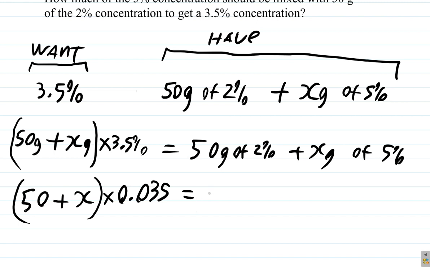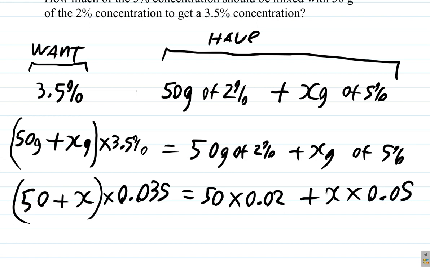Equal 50 grams of 2% is the same as 0.02. Alright? So remember, you have to exercise your skill at turning the percent to decimal, plus X grams of 5%, which is 0.05. So now, we do our multiplication.